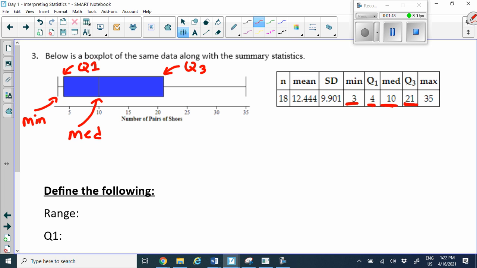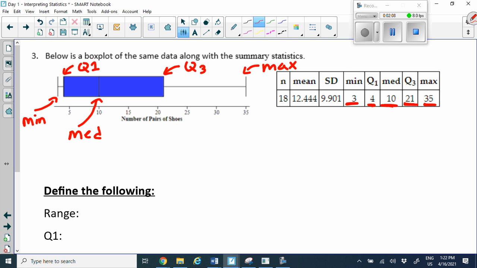And then lastly, we have our max value, which is at 35. I'm going to re-explain all of that with number sets, because it's going to be a lot easier when we talk about that. But just know, when we are creating a box plot, you need to have an interval, or another way is to show your min, Q1, median, Q3, and max.